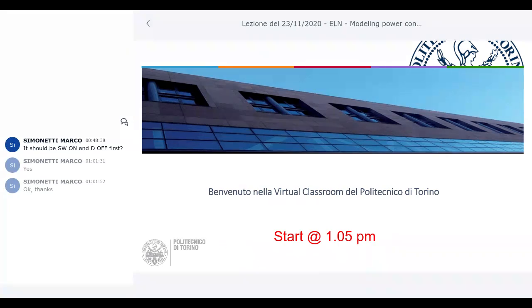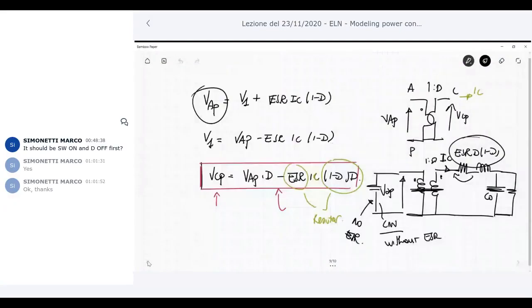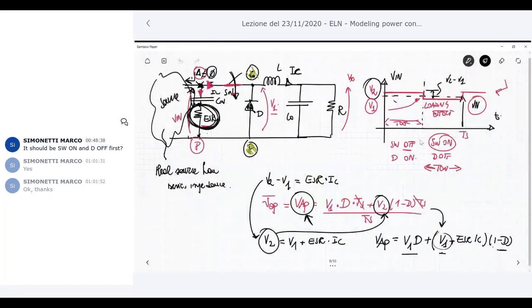Okay, Simonetti, it should be switch on and off first. Let me just see what I wrote, because it's easy that I make some errors in the graph. No, that's correct. V2 is maybe in the slide.